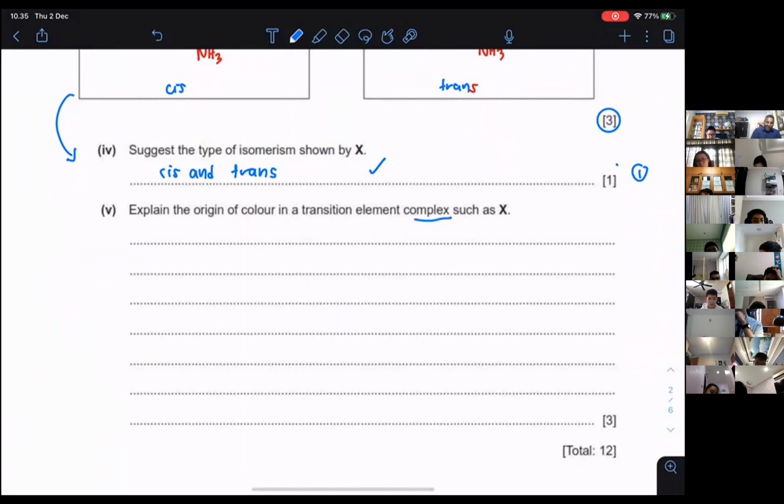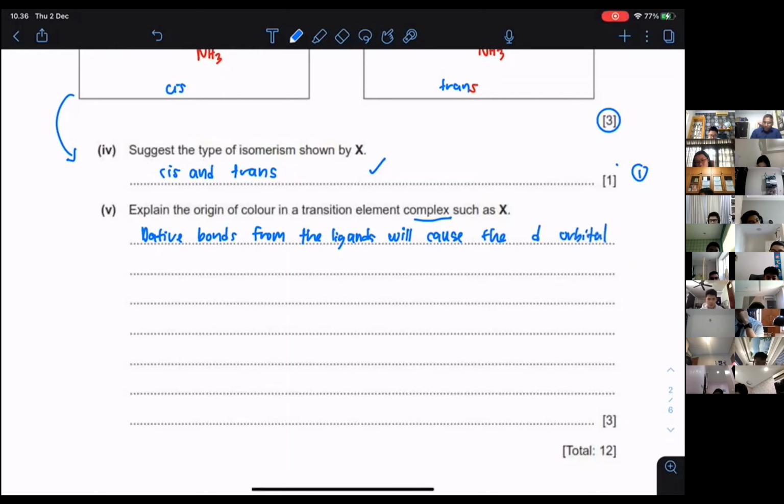So the ligands, the dative bond from the ligands, will cause the d orbitals to split.